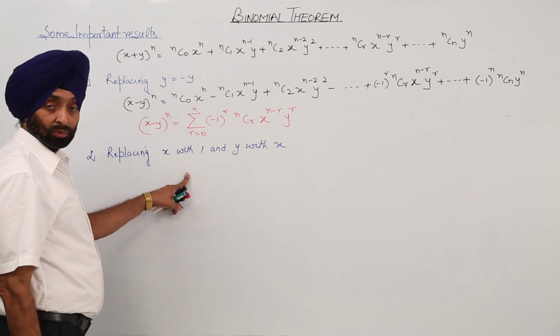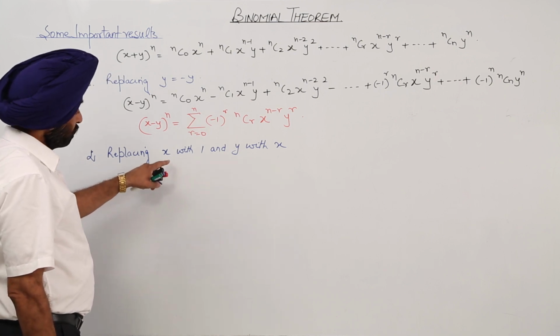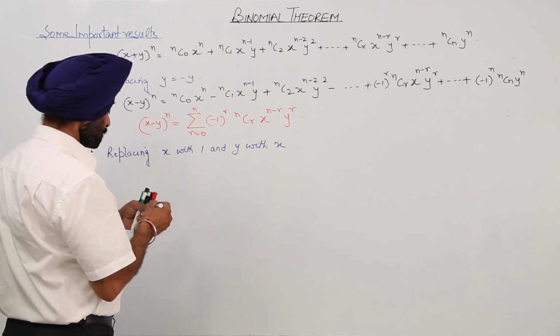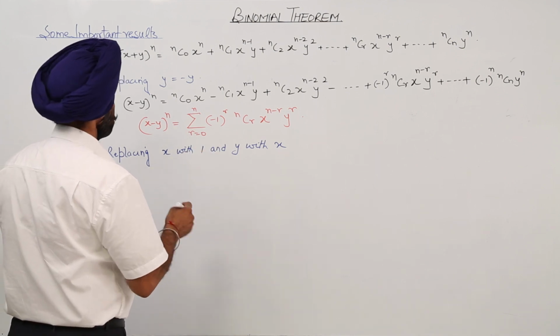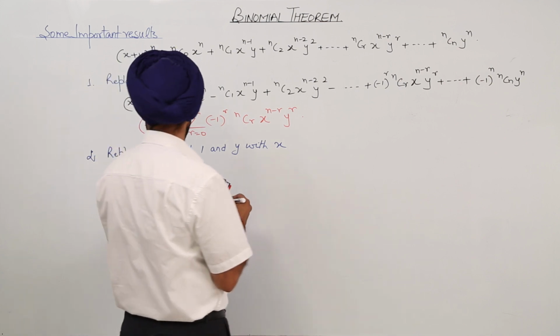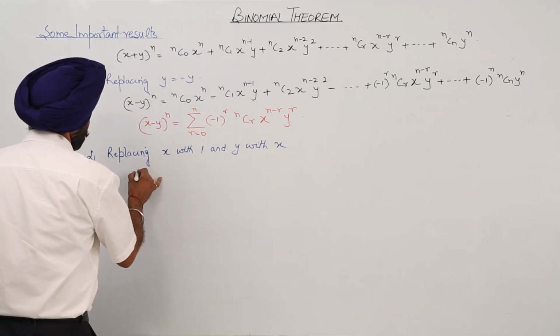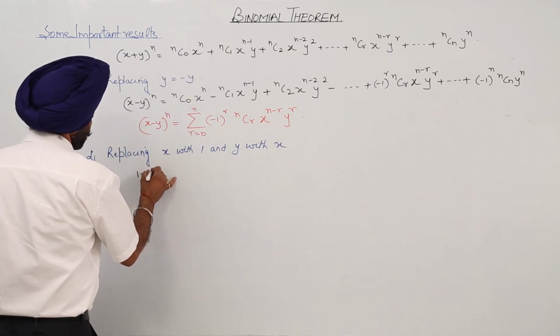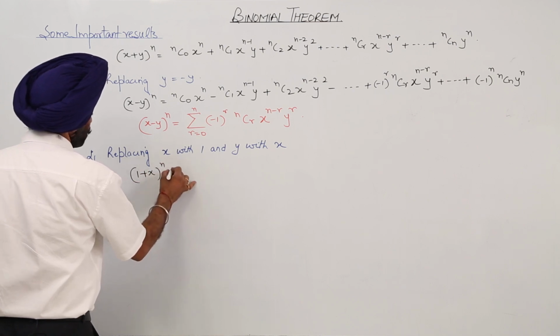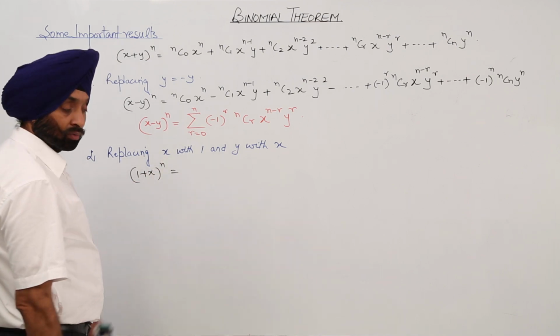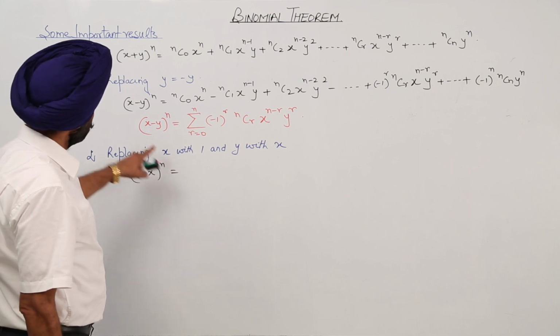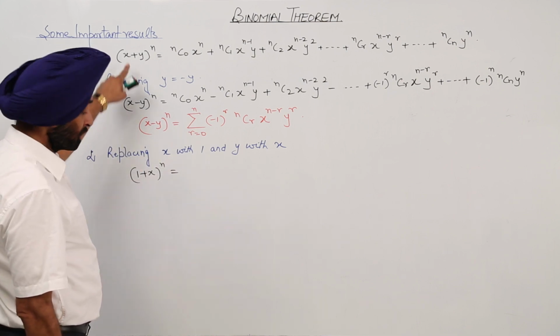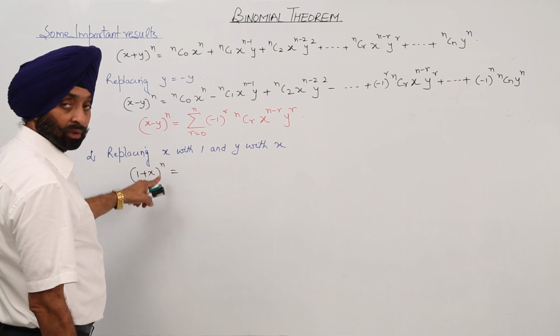Very important concept this one, replacing x with 1 and y with x. So what are we getting? (1 + x)^n is equal to, taking x in the binomial theorem as 1 and y as x.